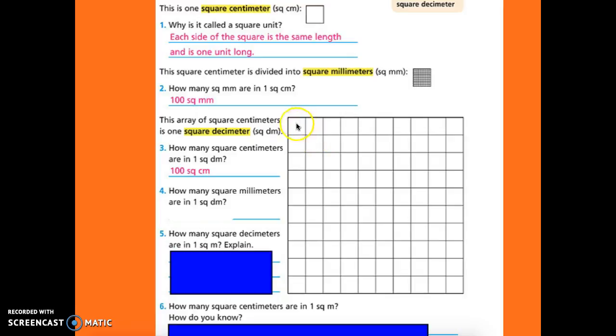So one way to think about it, if we have the 100 here, and 100 here, and 100 here, and 100 here, we've got this whole line. 100 times 10 is going to give me 1,000, right? So there's 1,000 in this row, 2,000, 3,000, 4,000, 5,000, 6, 7, 8, 9, 10,000 square millimeters fit into that decimeter.